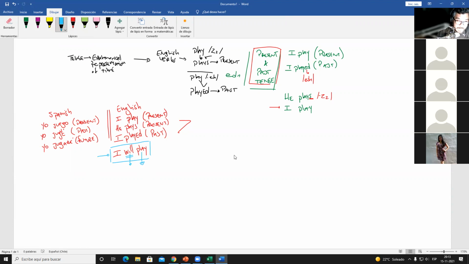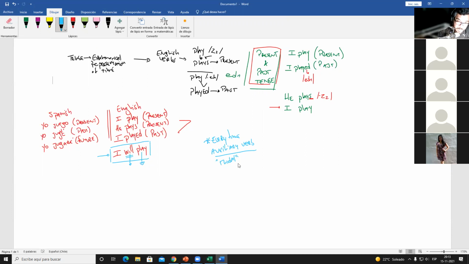So every single time I have an auxiliary verb, or to be more precise, every single time that I have a modal verb, I will have tense, right?